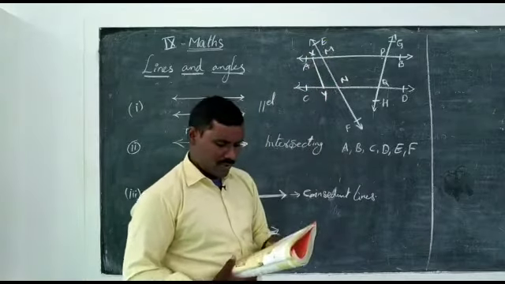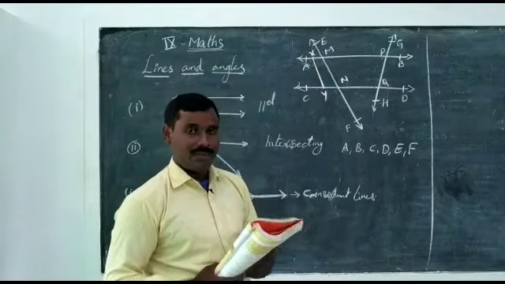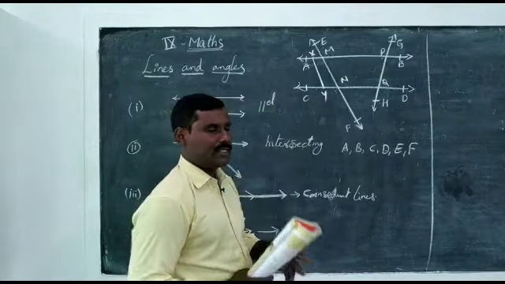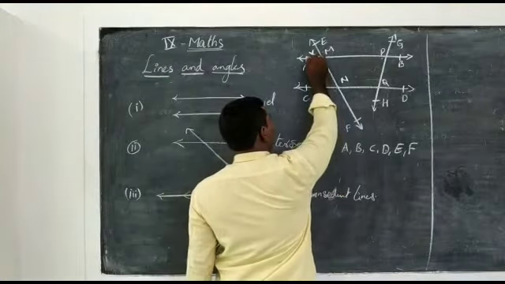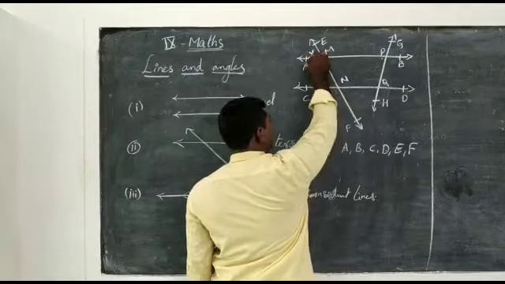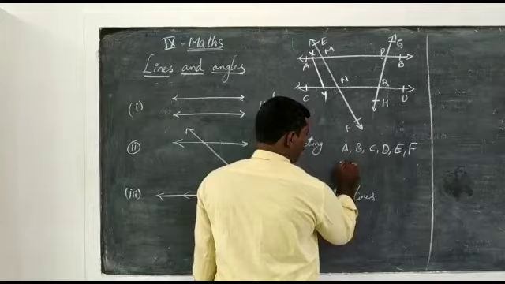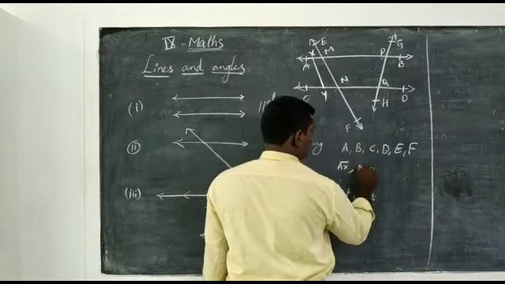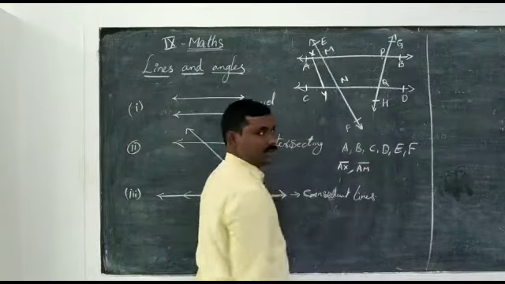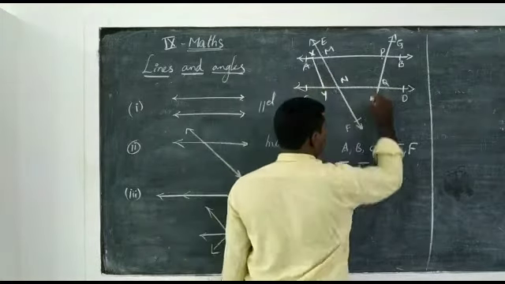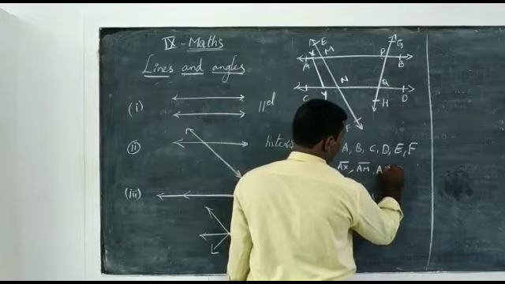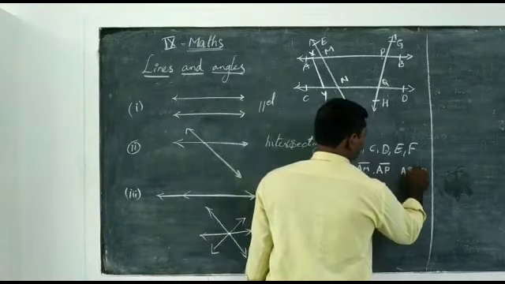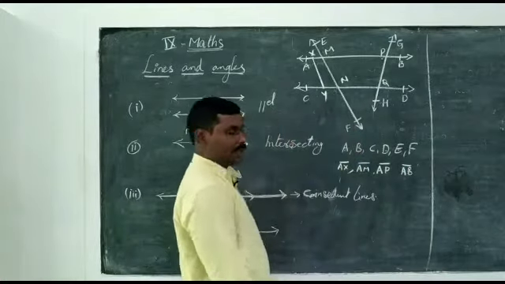Okay. Now we are going to the second one. Any 5 line segments. What is a line segment? 2 endpoints. If you observe here, AX is a line segment, AM is a line segment, AP is a line segment, AB is a line segment.